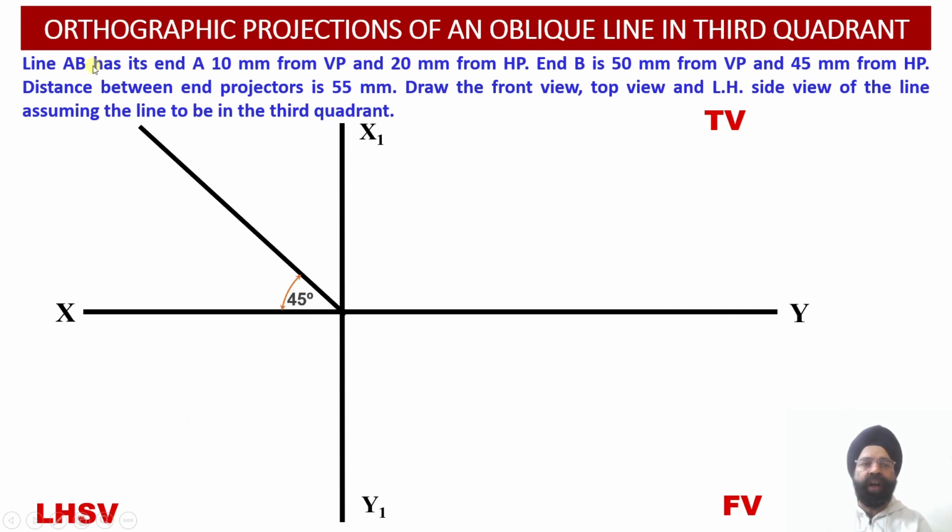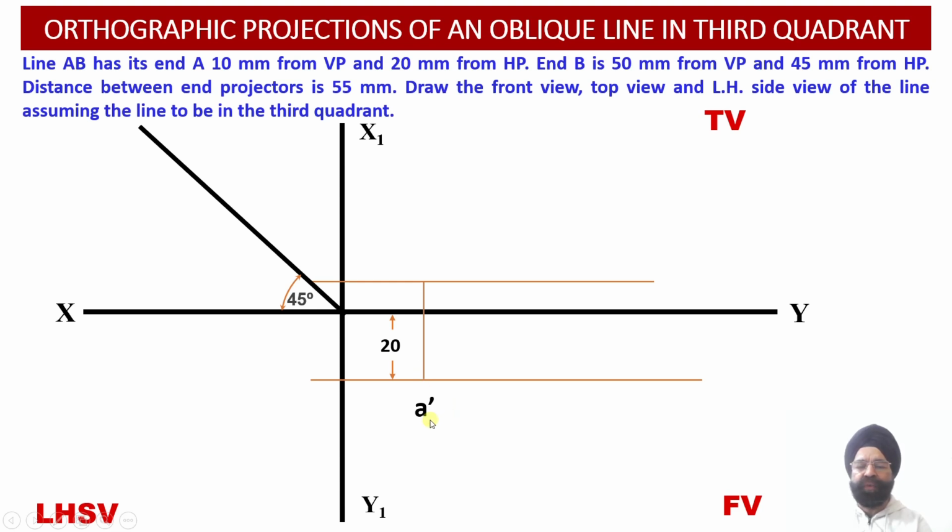So here we have got the end A of the line. It is lying 20 millimeter below the horizontal plane and 10 millimeter behind the vertical plane. So 20 millimeter below the horizontal plane means that point A dash will be drawn 20 mm below the XY reference line.